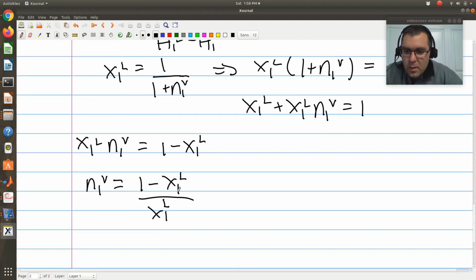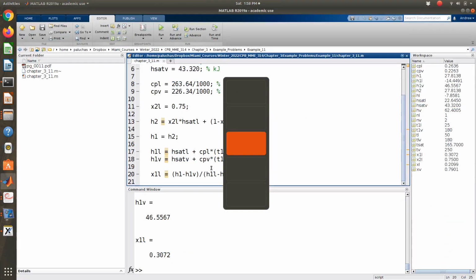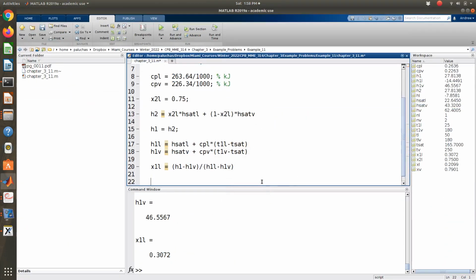Alright, so N1V is equal to 1 minus X1L divided by X1L. Okay. So we find that N1V is equal to 1 minus X1L divided by X1L.